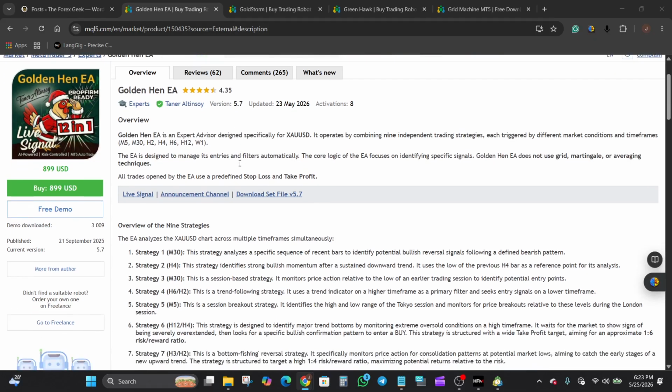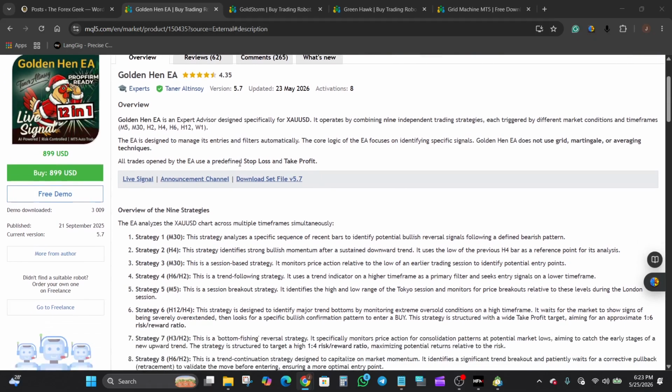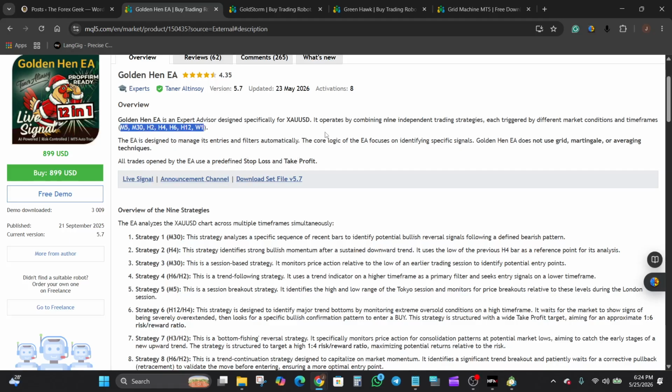Now, as I scroll through the overview, the main idea behind this EA is that it is designed specifically for XAUUSD, which is gold. What immediately stands out is that it doesn't rely on a single strategy. Instead, it combines 9 independent strategies that operate across multiple time frames ranging from M5 all the way up to W1.